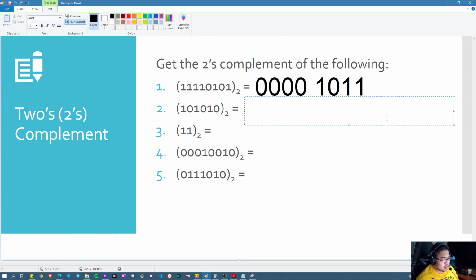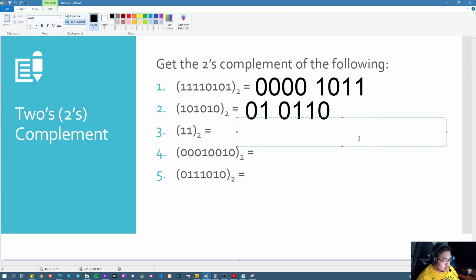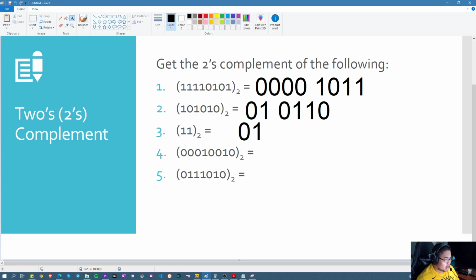Second one: first again, convert it to one's complement, so that's 0, 1, 0, 1, 0, 1. Again, we add 1, so it becomes 1, 0. And this one, 0, 1, 1. I mean, the one's complement, so this one is 0, 0. So just add 1 again. So that's it. That's how we get the two's complement.